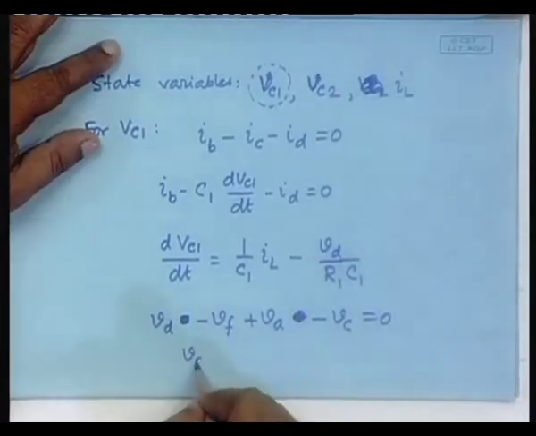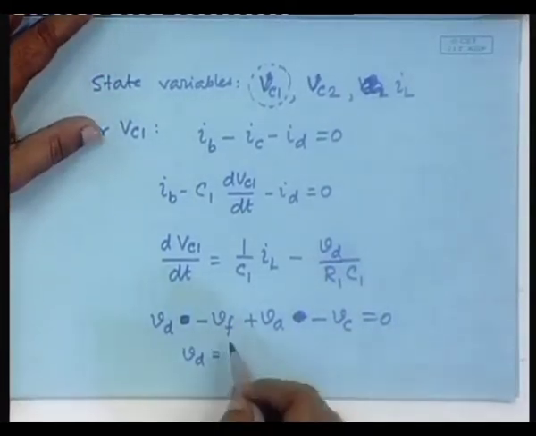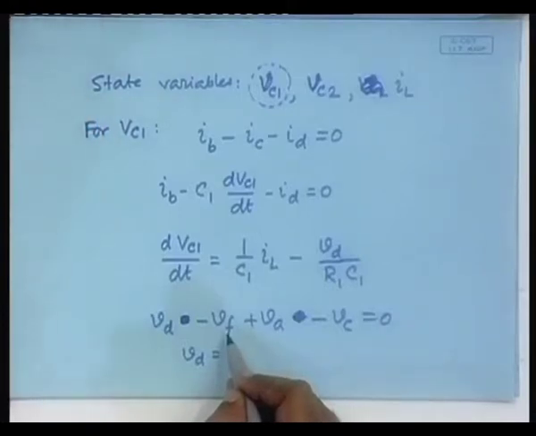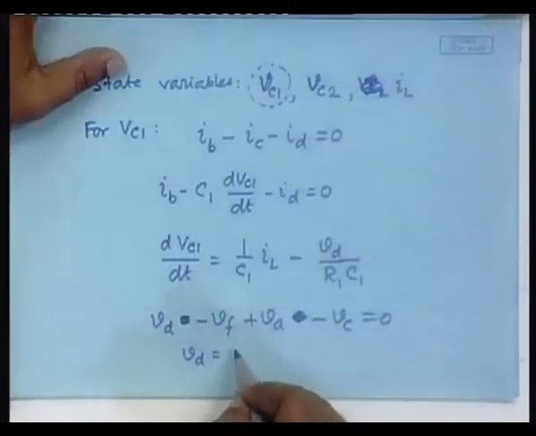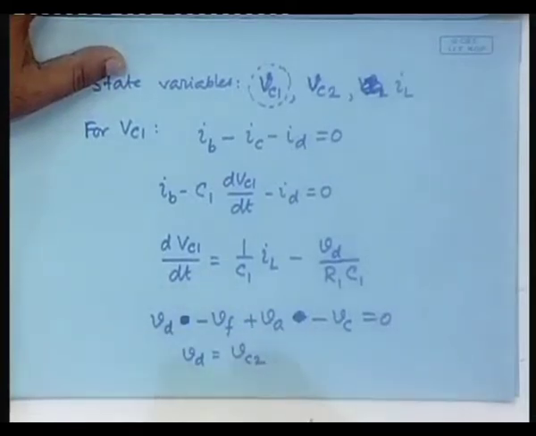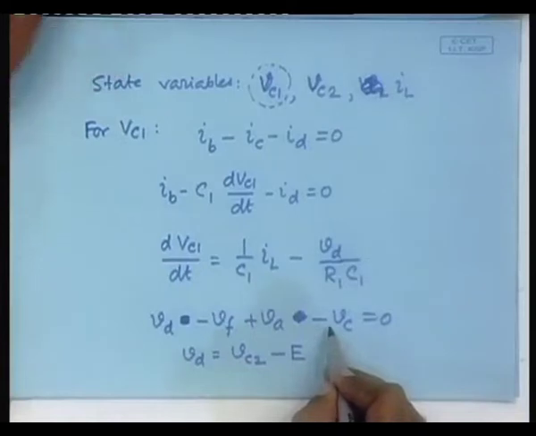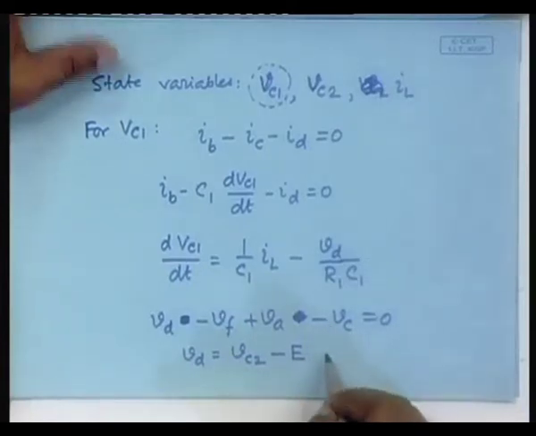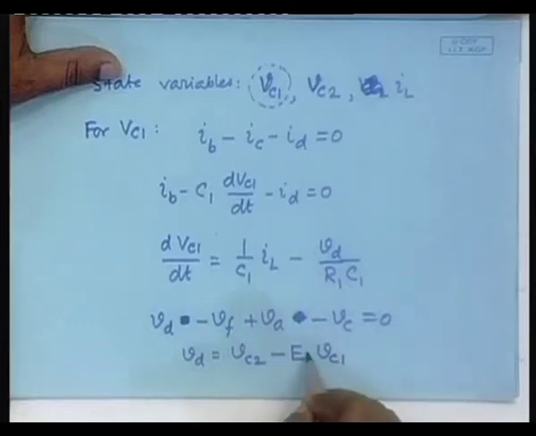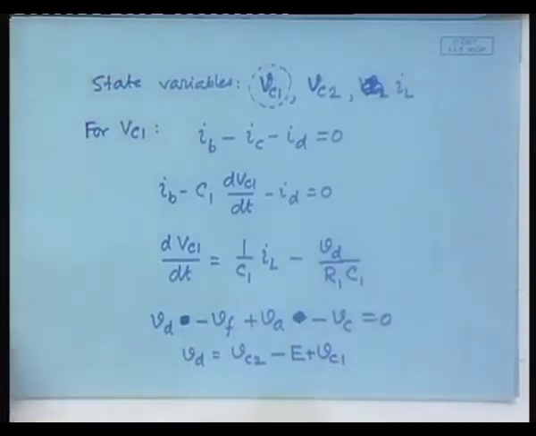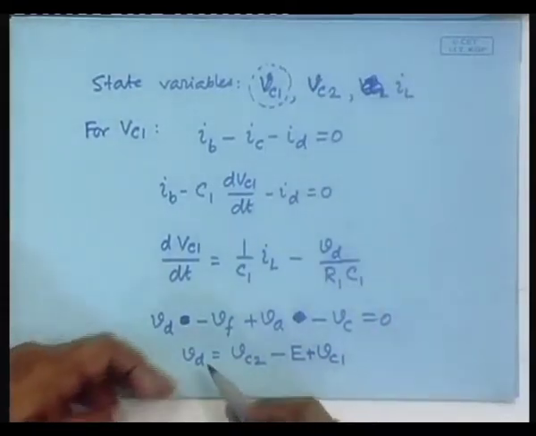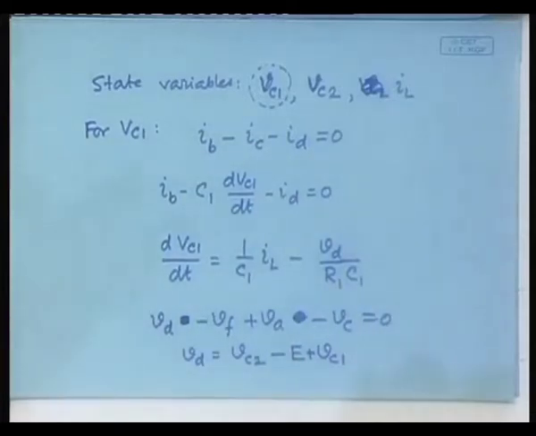That gives VD is equal to VF, that is VC2, VA, which is E, it has gone to this side, and VC plus. So, you know all these, the right hand side are the other state variables. So, you simply substitute it here, you get the equation. Clear?